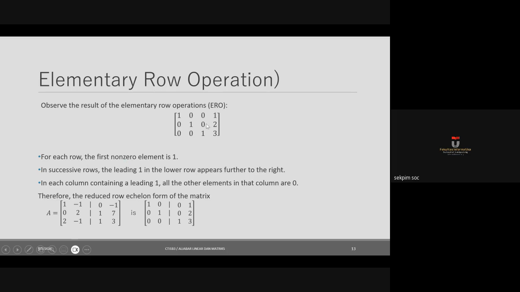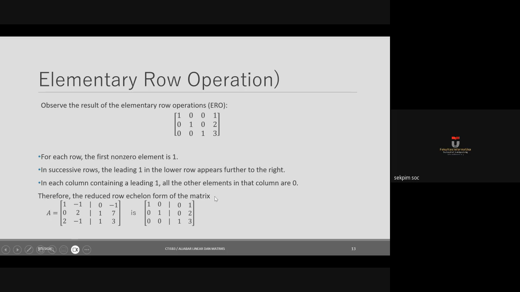Okay. You see in this result, each row has only one non-zero element, one here. And in successive rows, the leading one or the pivot one in the lower row appears farther to the right.